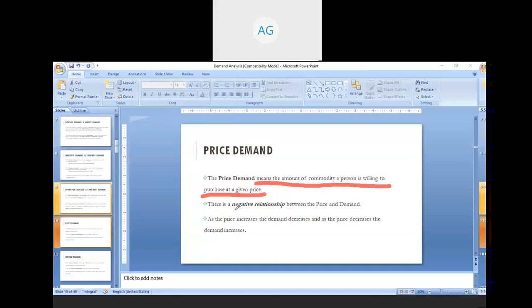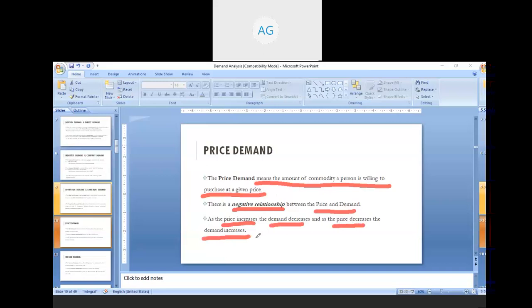There is a negative relationship between price and demand. As the price increases, the demand decreases, and as the price decreases, the demand increases.